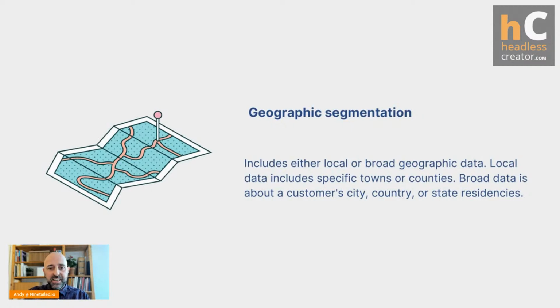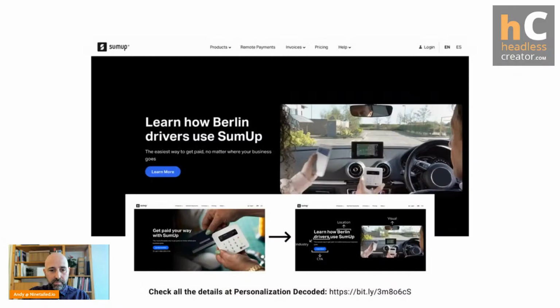Segmentation is part of the marketing basics, and based on it, you could show different websites, or show different content in different languages, because you can match geographic data with other factors like the language.